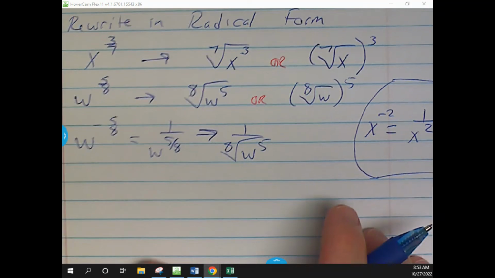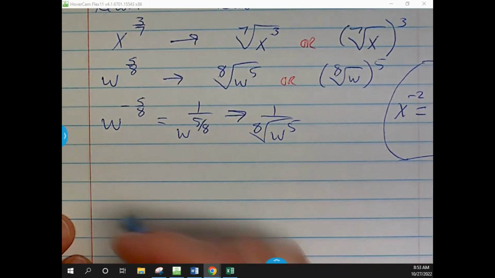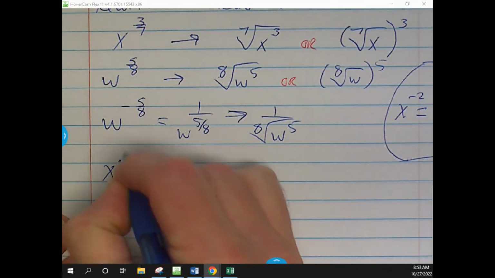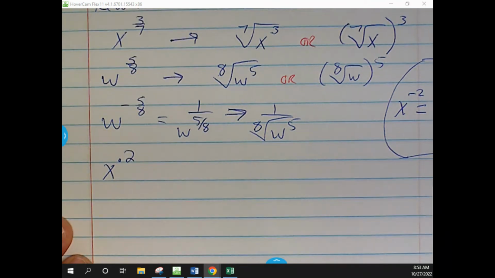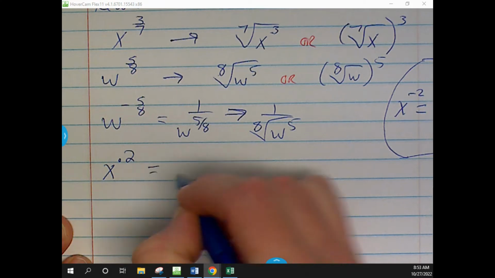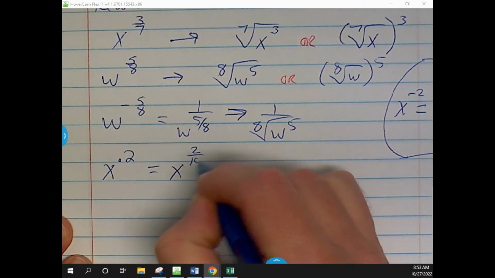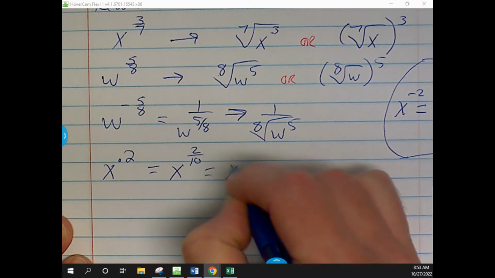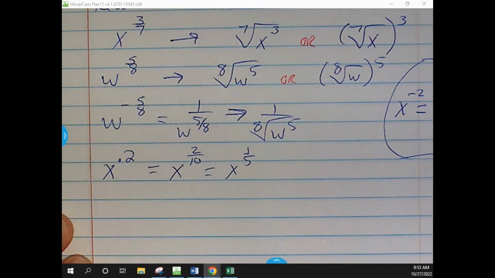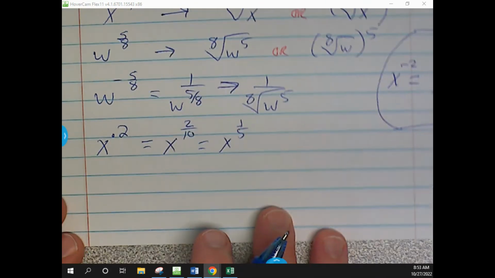All right, now here's where it gets a little creative. If it's x to the 0.2 power, most people go, all right, it's a decimal. What do we do with the decimal? Can we change the decimal to fraction form? So if it's 0.2, that's in the 10th place, so that's 2 over 10, which is really 1/5.